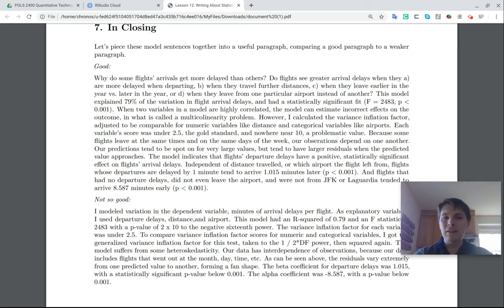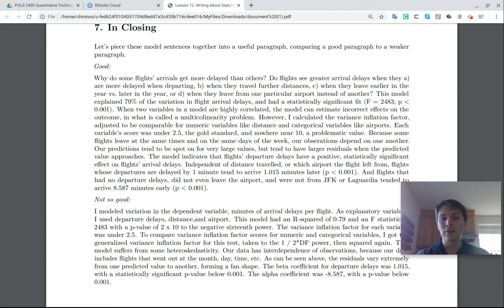Because some flights leave at the same times and on the same days of the week, our observations may depend on one another. Our predictions tend to be spot on for large values, but tend to have larger residuals when the predicted value approaches 0. The model indicates that flights' departure delays have a positive, statistically significant effect on flights' arrival delays.